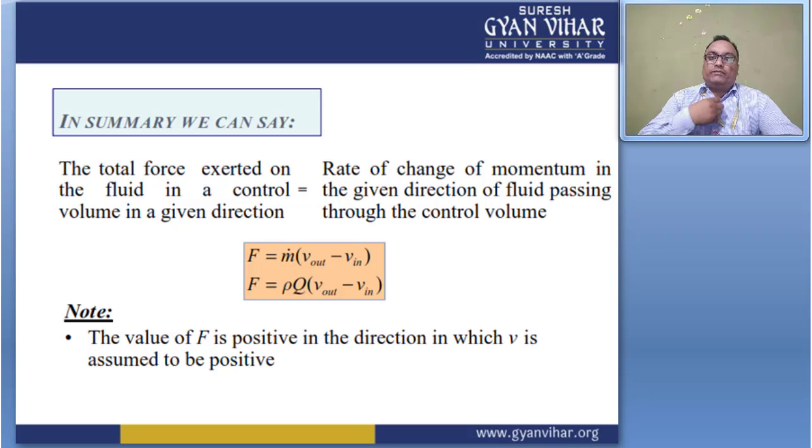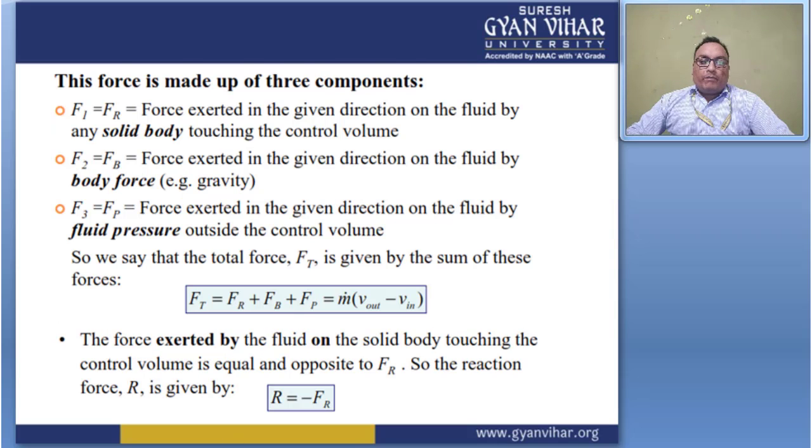So this is the force in the momentum equation for the x and y direction also. But this resultant force F is made up of different kinds of forces. These are the solid body force, the body force due to the gravity effect, and the fluid pressure. Fluid pressure is one type of pressure force, right?